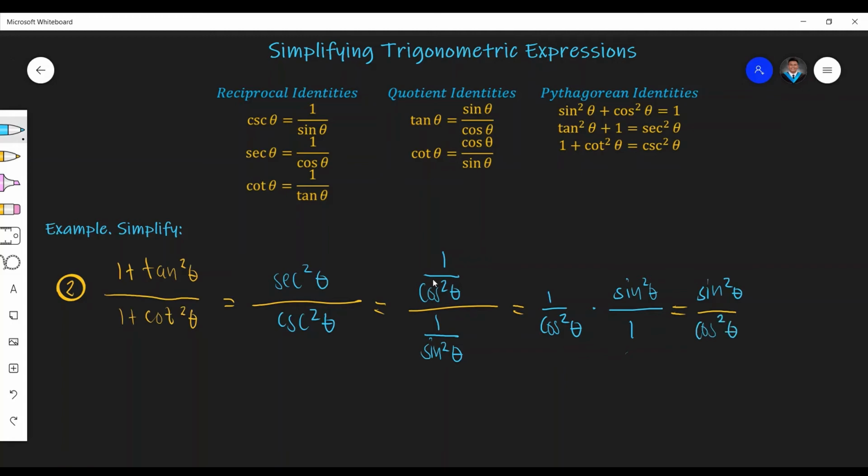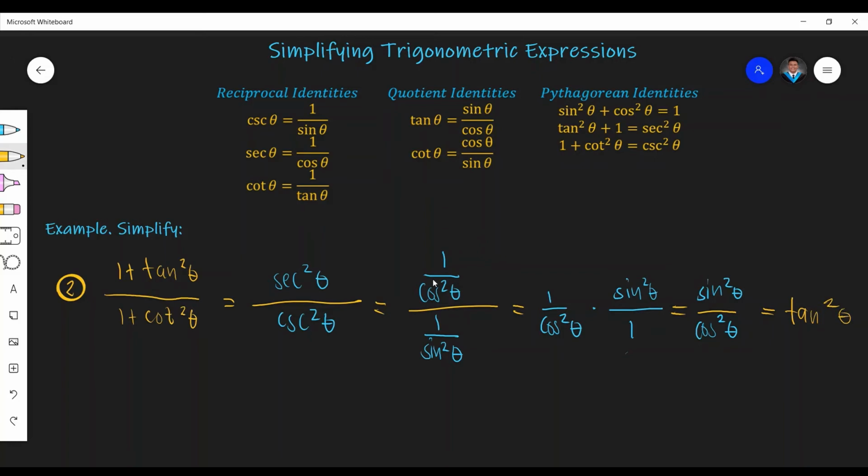And alam natin na mas simplify pa natin to by using the quotient identities. Kasi itong si sine square theta over cosine square theta, this is a quotient identity. And the equivalent identity of that one is just equal to tangent square theta.